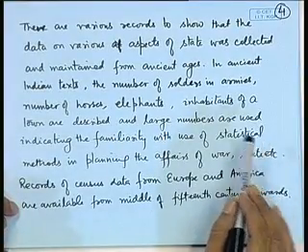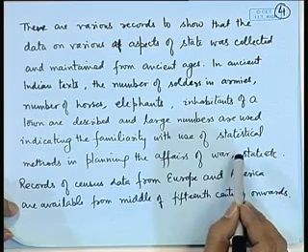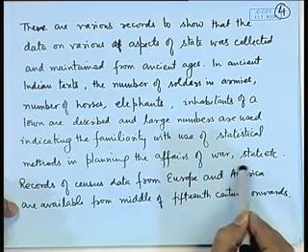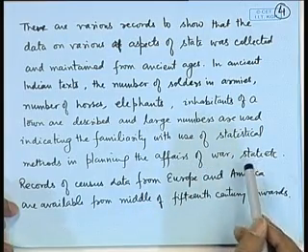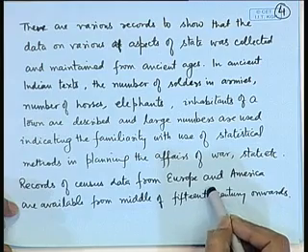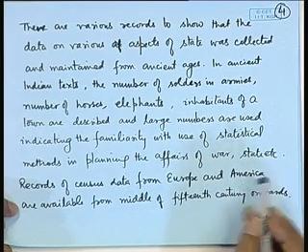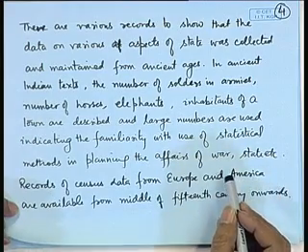And it also shows that people were familiar with the statistical methods for planning the affairs of war, state, etc. Records of census data from Europe, America, etc. are available from the middle of the 15th century onwards. There is data from England or from Scotland on certain professions, that these many people work in this profession, etc. This kind of detailed breakup of the data is available from European countries or even from USA from the 15th, 16th and 17th century.